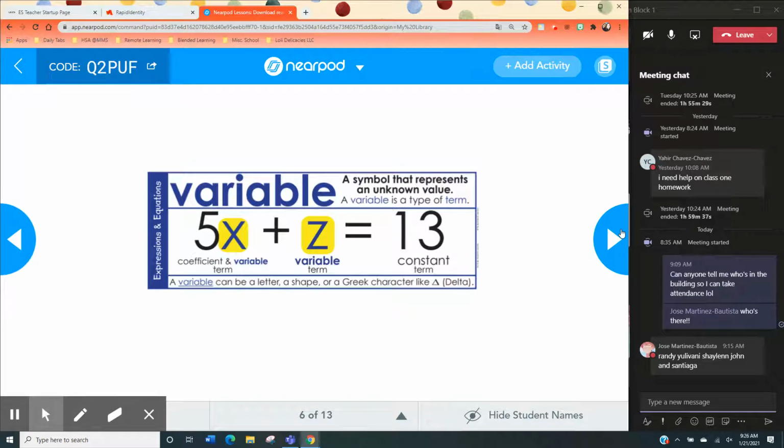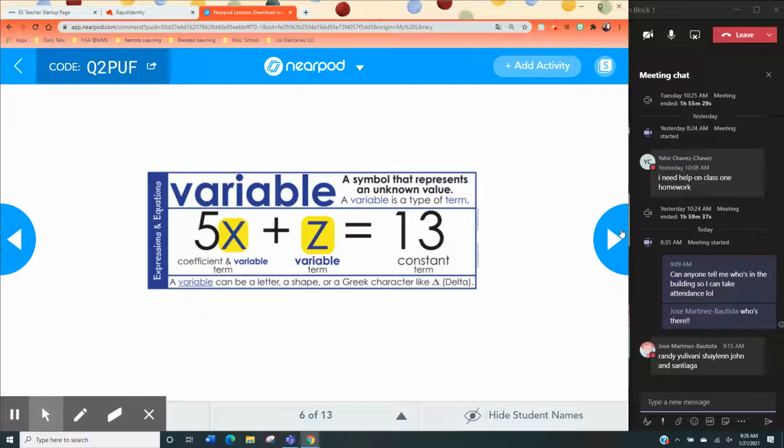Okay, variable, like we just said. The variable is a symbol that represents an unknown value. So in this example, we have that x next to the coefficient is a variable, but the z is also a variable.